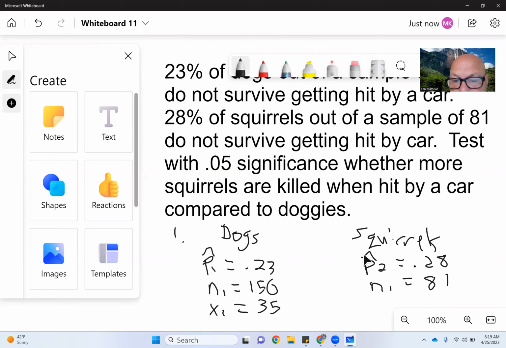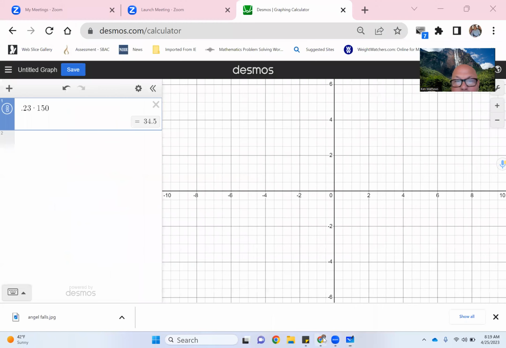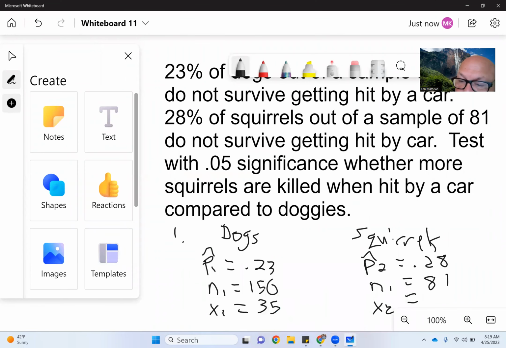And we're defining success as getting killed by a car. So that's 28% of the 81. I apologize if that grosses anybody out. So 28% times 81 is 22.68. We'll round that off to 23. And we know our alpha level is 0.05.